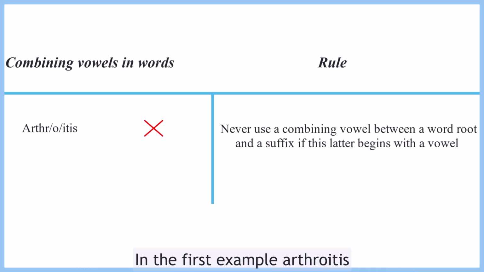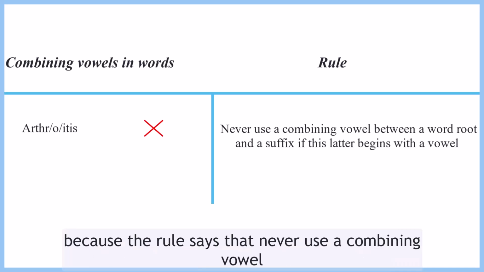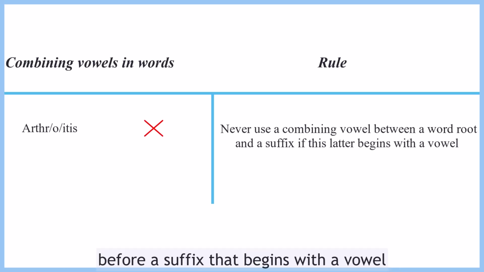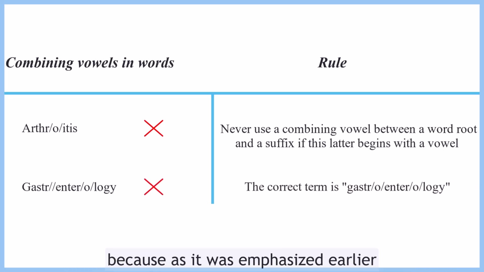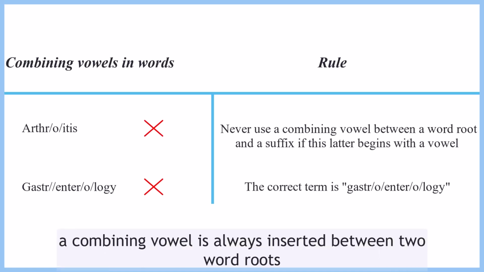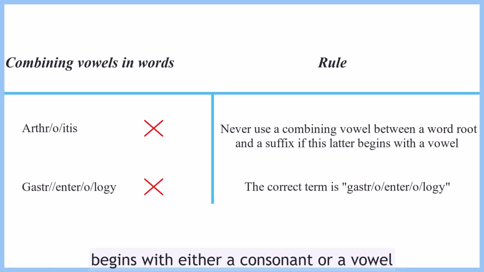In the first example, arthritis, the combining vowel shouldn't be there, because the rule says never use a combining vowel before a suffix that begins with a vowel. The second example should have a combining vowel between the two word roots, because as it was emphasized earlier, a combining vowel is always inserted between two word roots, no matter what letter the second word root begins with, either consonant or vowel.